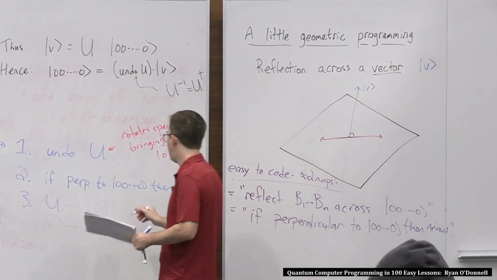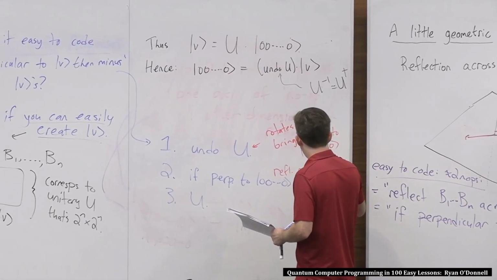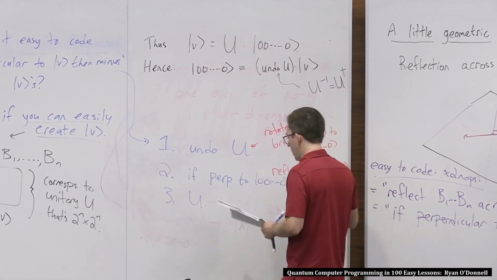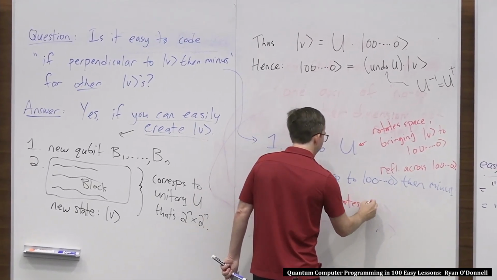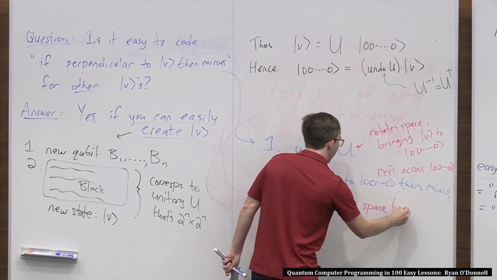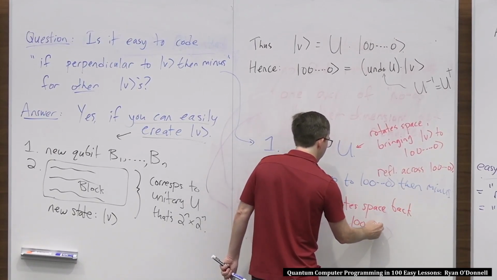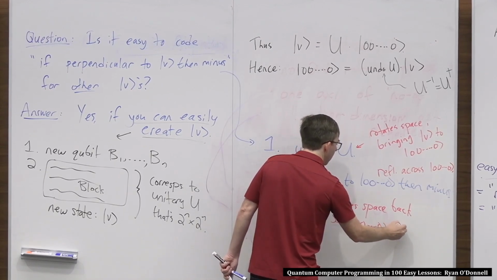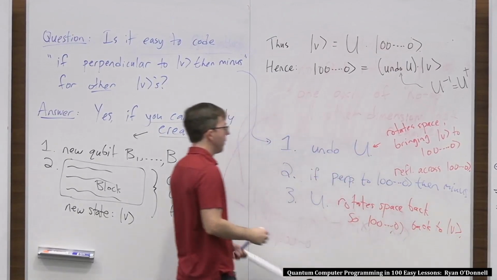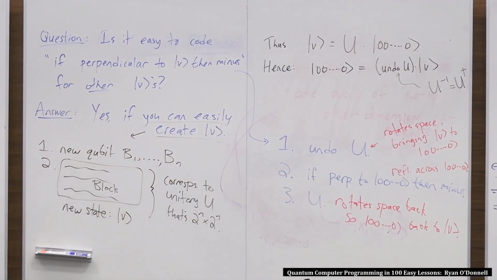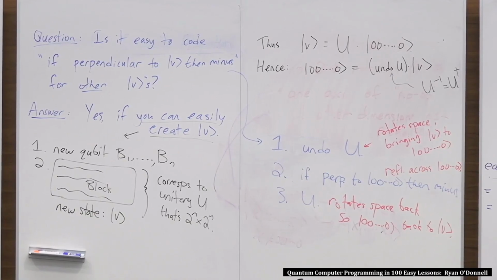This reflects across all zeros. Okay, and this just rotates space back so that things are back to normal. So all zeros, the thing we just reflected to, goes back to v. Okay. Any questions about this?